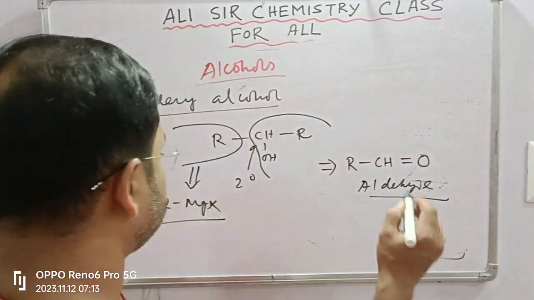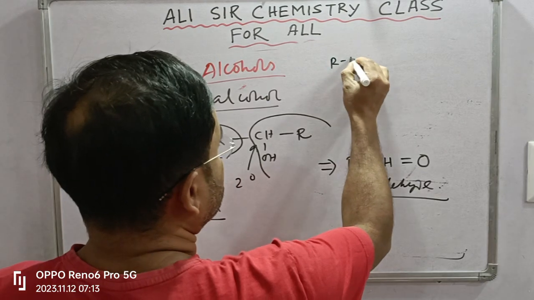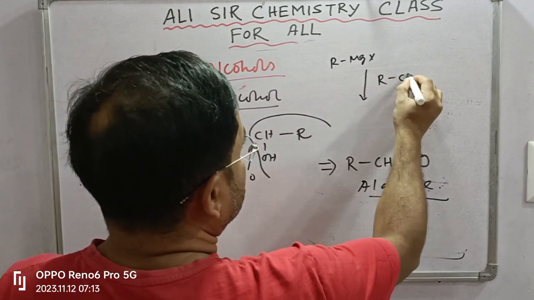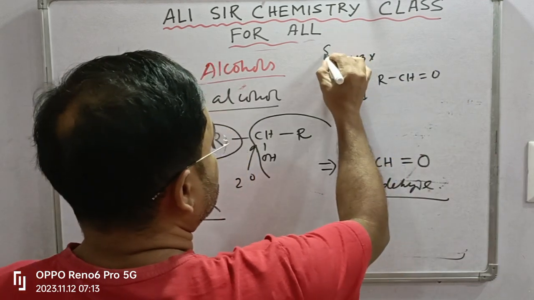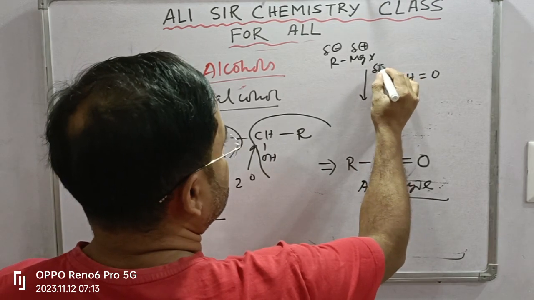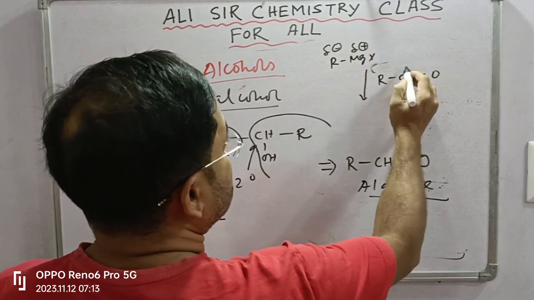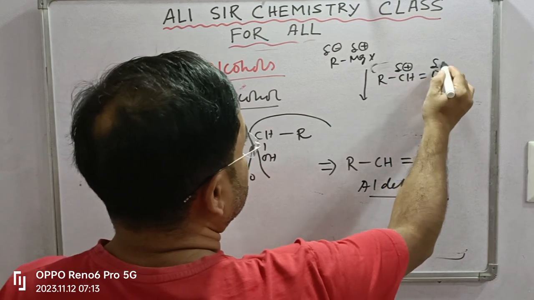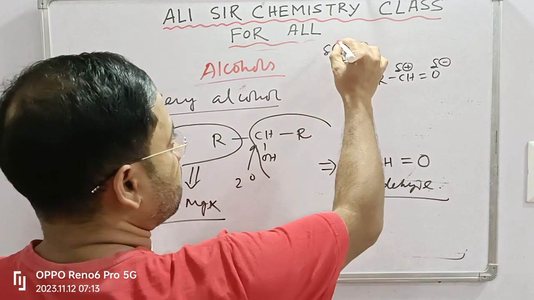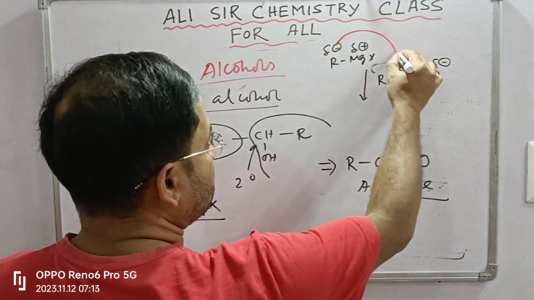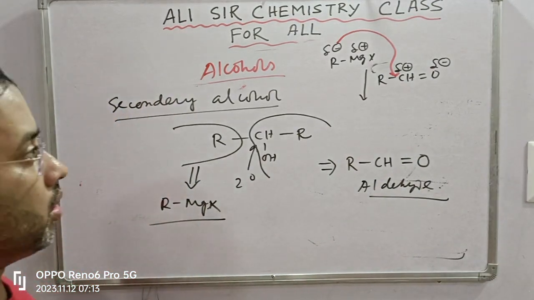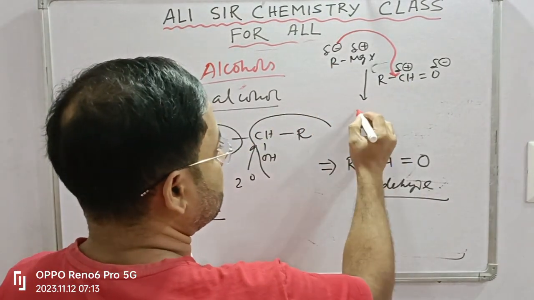So the steps are: RMgX, and we take the aldehyde RCH double bonded O. This is delta plus, this is delta minus. So what will happen here? The steps are all similar, like primary, secondary and tertiary alcohols. The Grignard reagent is acting as a nucleophile, so this R minus will attach to this carbon.